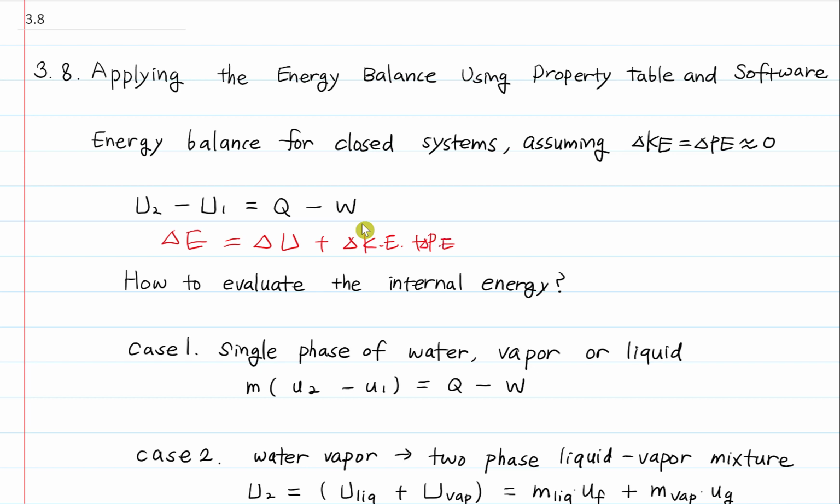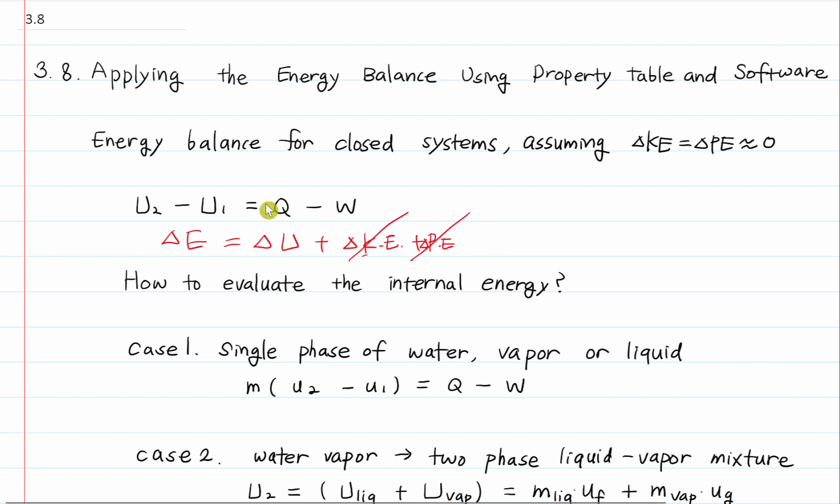However, it is often assumed the system is stationary, so the kinetic and potential energies of the system are ignored. The change in the internal energy between the initial and the final state equals the net energy transfer by heat, subtracted by the net energy transfer by work.